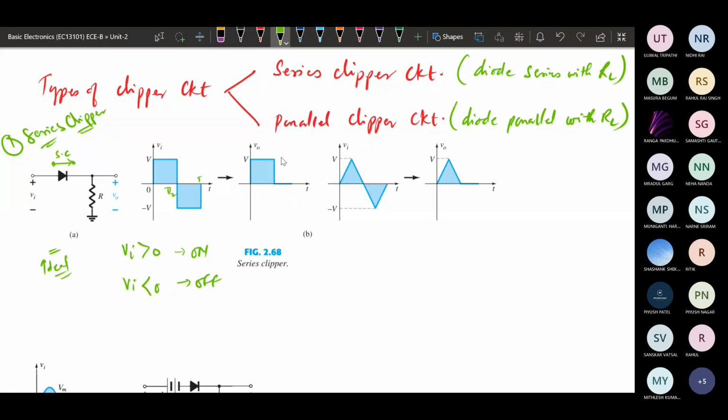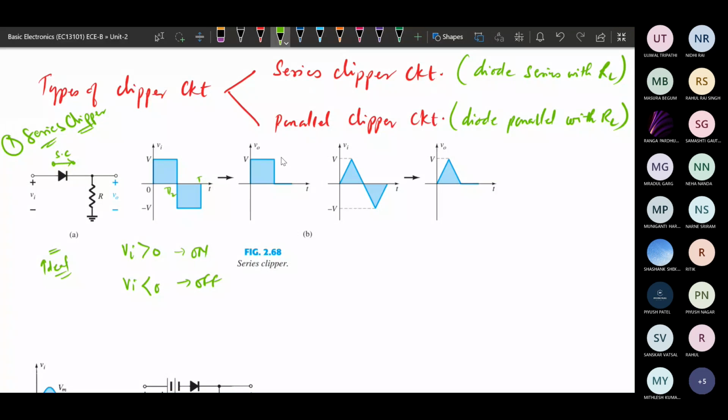So whatever input we have applied, the same input will appear at the output across the resistor. In the positive half cycle, from 0 to t by 2 time period, the input waveform is positive, so the same voltage will appear at the output. Is it clear?